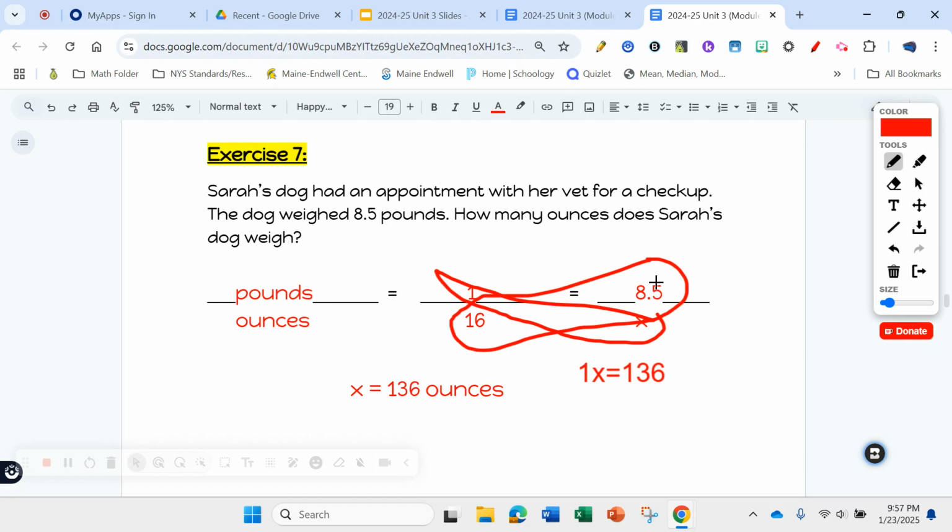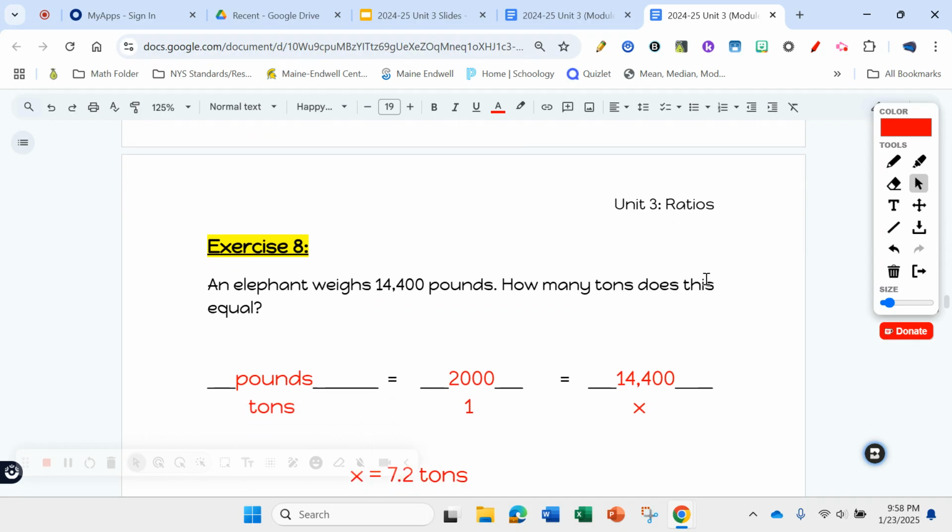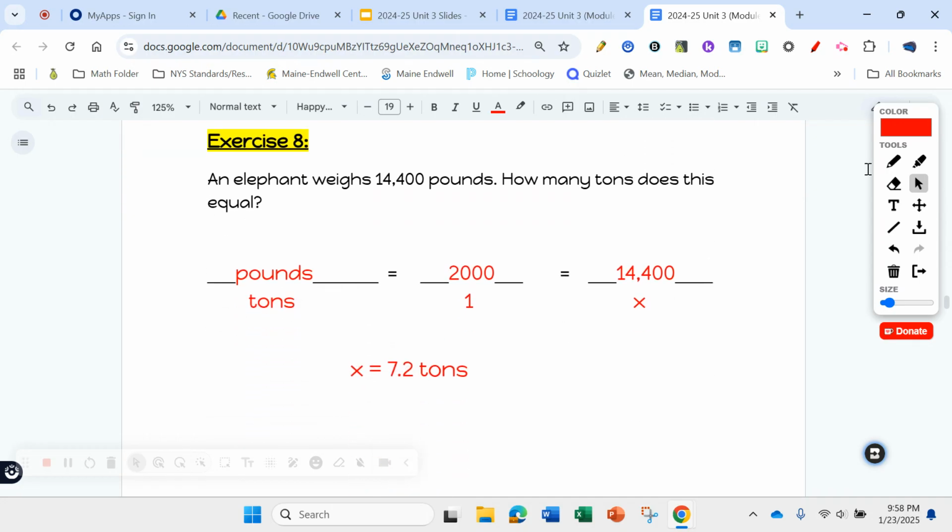And then 16 times 8.5 is 136. I mean, I guess you could divide by 1 here, but it's going to give you the same answer. This comes from page 8. Then I can put this in. Last but not least, page 80. I'll be quiet.